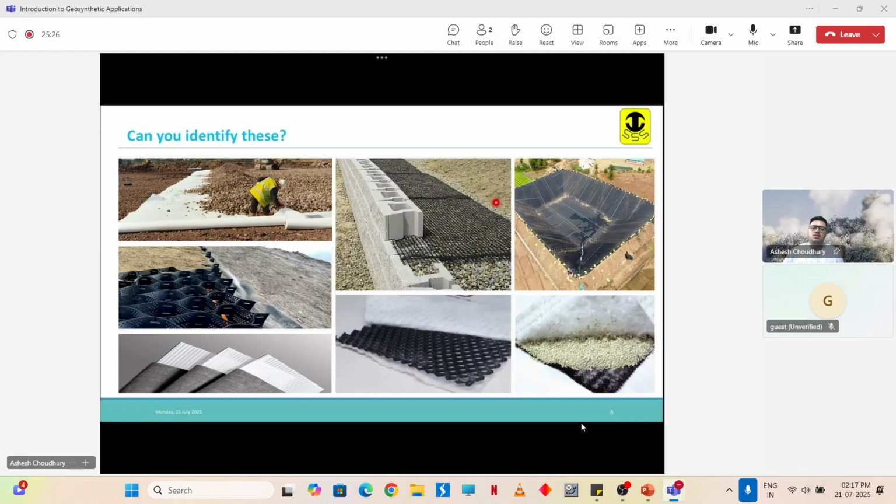Then in the third picture, we see a pond like area, like a tank or a pond, which is maybe lined with plastic sheet like stuff. And then here we have some hexagonal cells, a honeycomb like structure, and within those cells we are filling geomaterials.